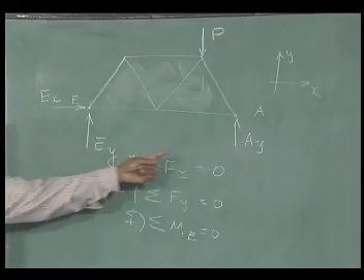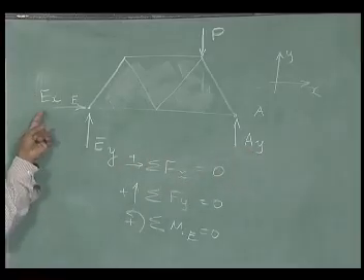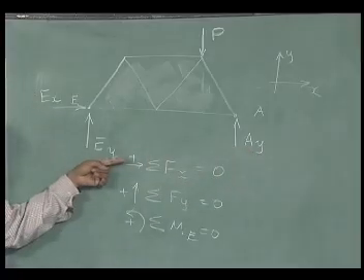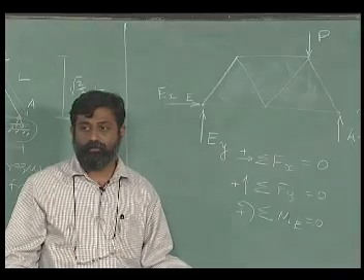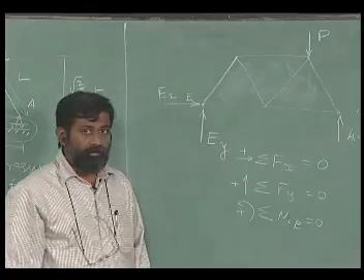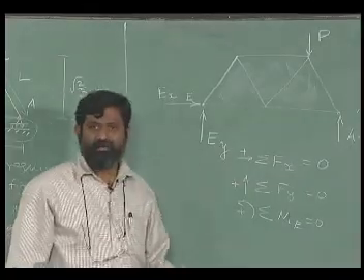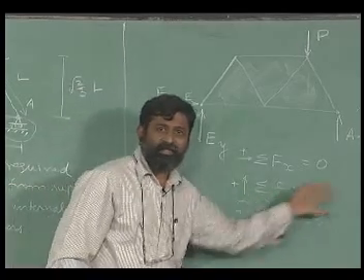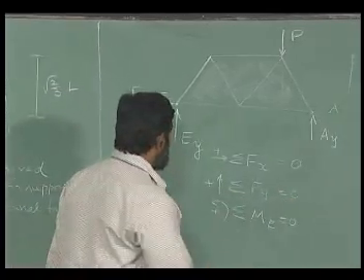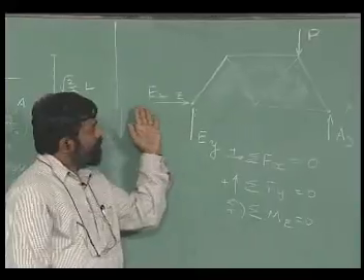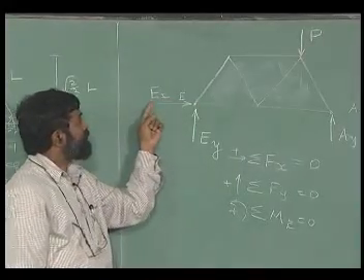These are the three unknowns, AY, EY and EX, to be found out. Three equations, I can solve for them. Is it clear? This is something I have already done. So let us just jump to the answers. Sigma Fx equals 0 immediately tells me this is equal to 0.